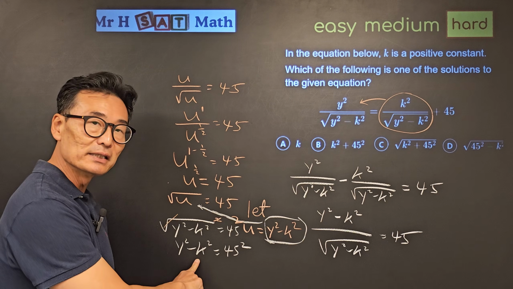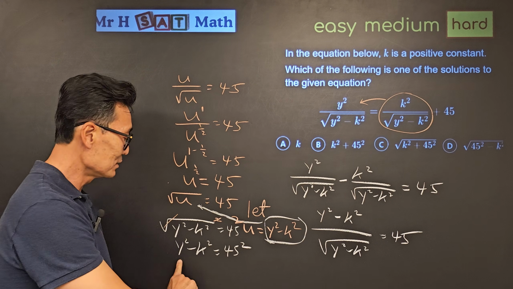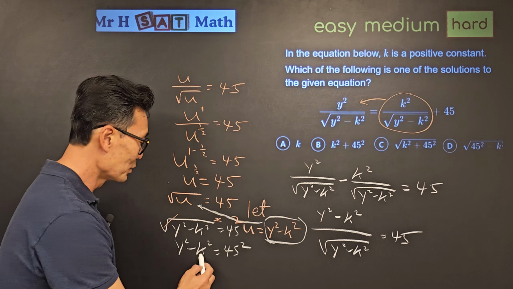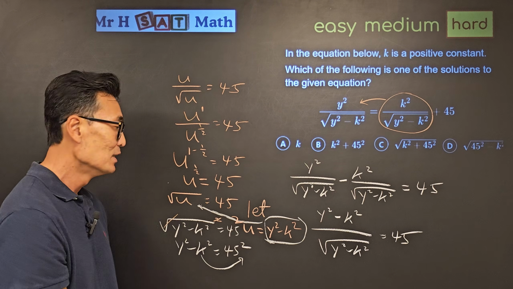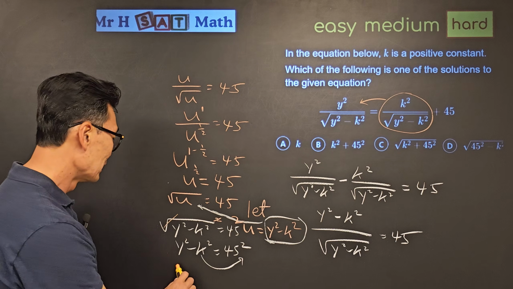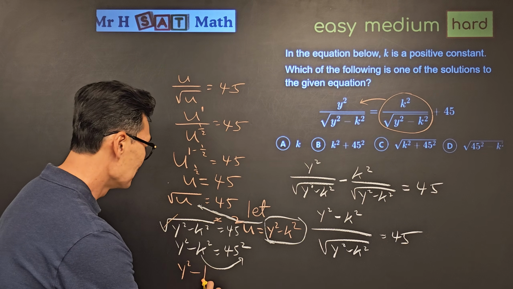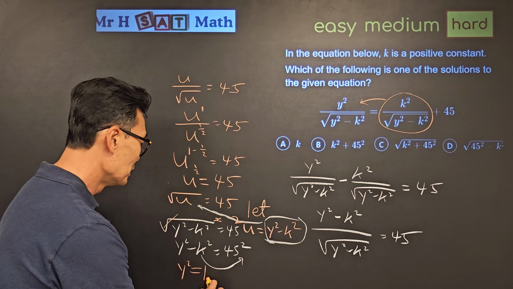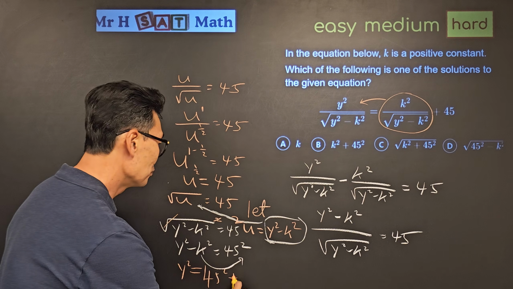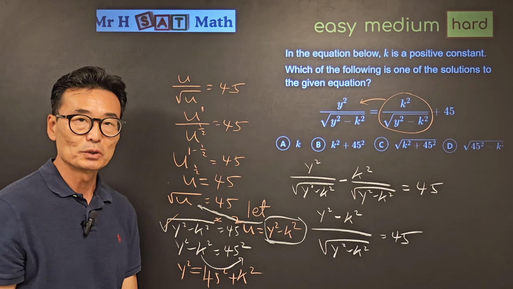Then we want to bring the negative k squared to the right side so that the y squared will be by itself. So we want to bring this to the right side, where we get y squared equals 45 squared plus k squared.